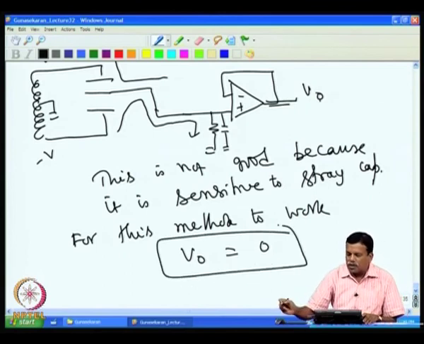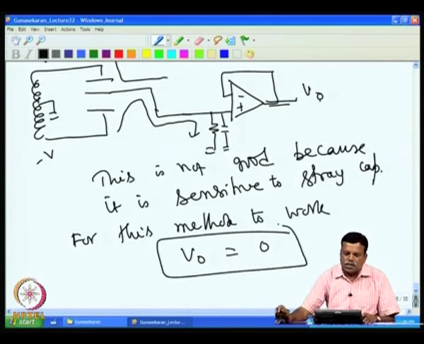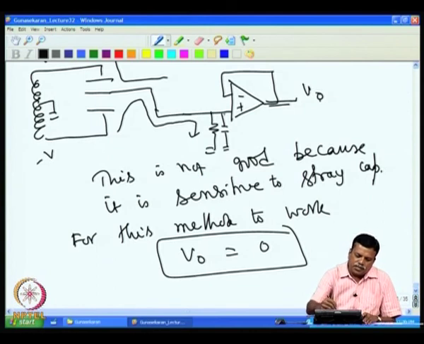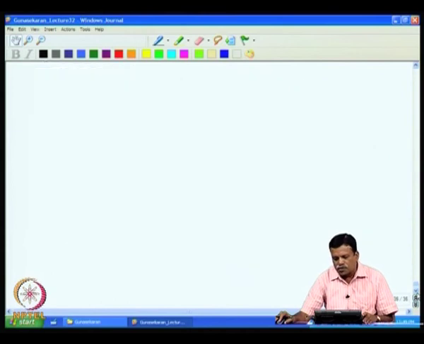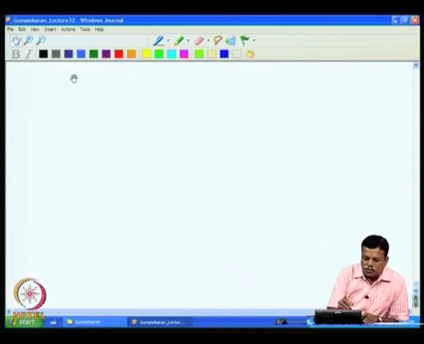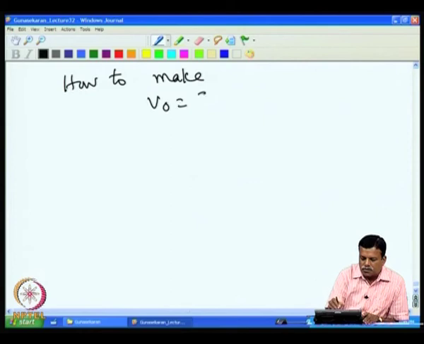If V naught is 0, then this voltage is 0 and this capacitor has no effect. Then we have to modify the circuit to make V naught 0. So, how to modify the circuit? How to make V naught equal to 0?